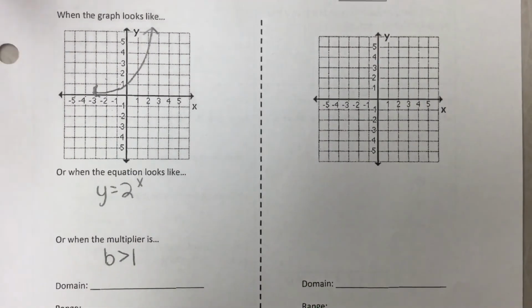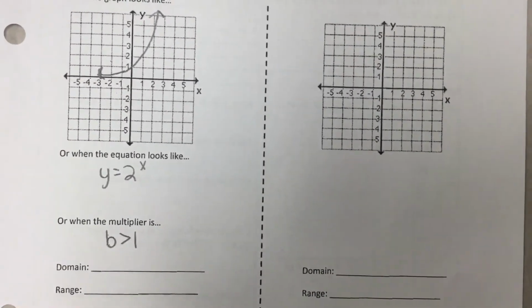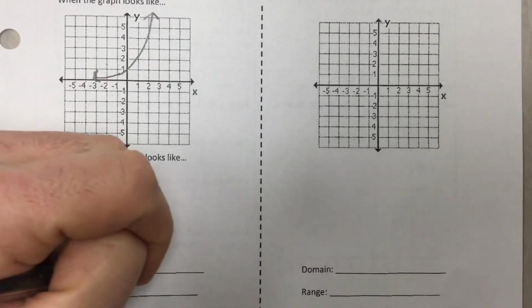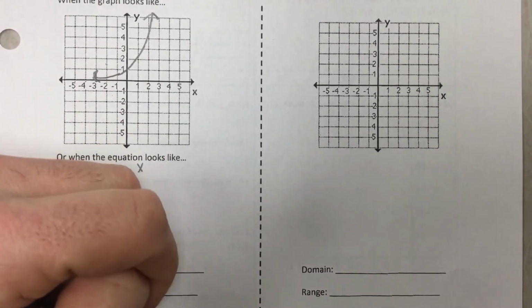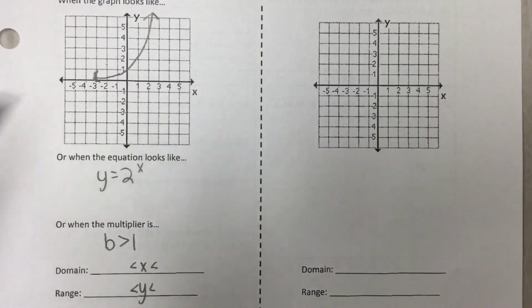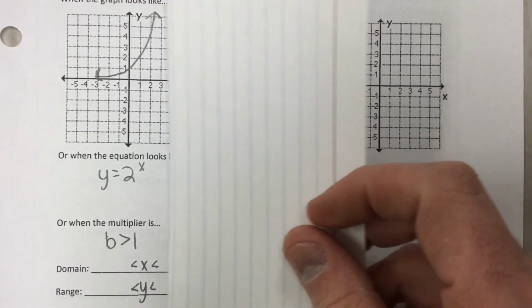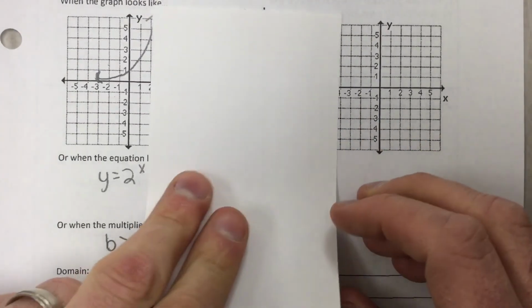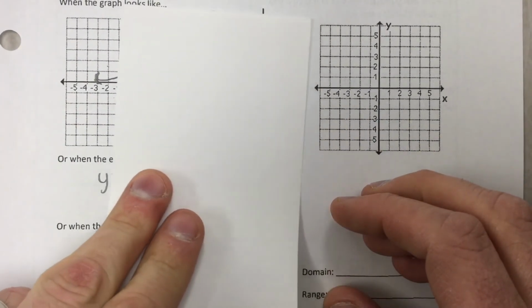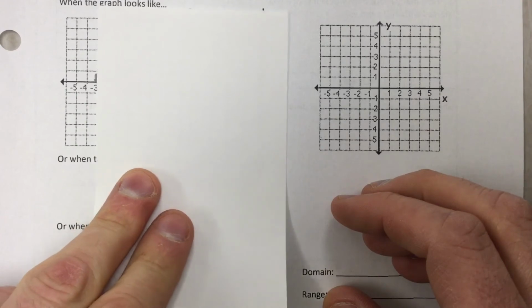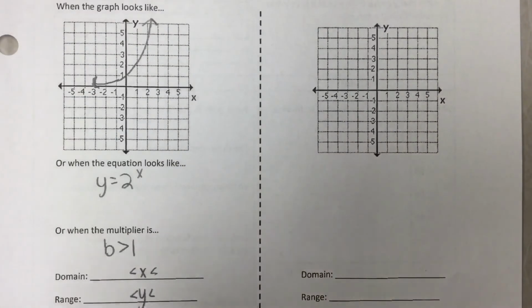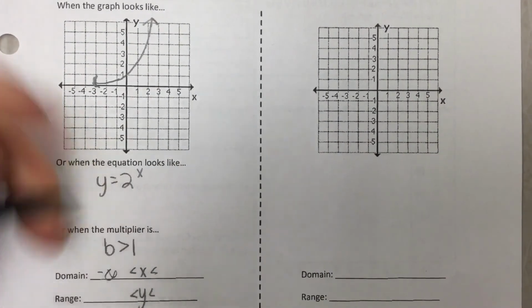As we look to do our domain and range, remember, I'm going to set it up with my x and my y. For my domain, how far left does it go? Get my handy dandy note card out. It goes as far left as right here, but there's an arrow, so it's going to keep going left forever. So we'd be at negative infinity.